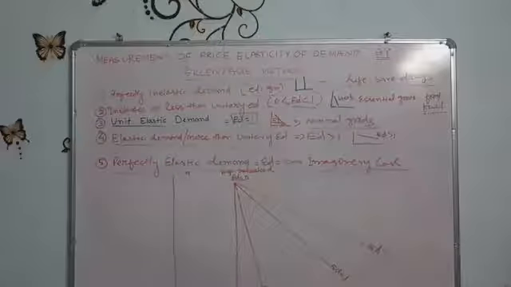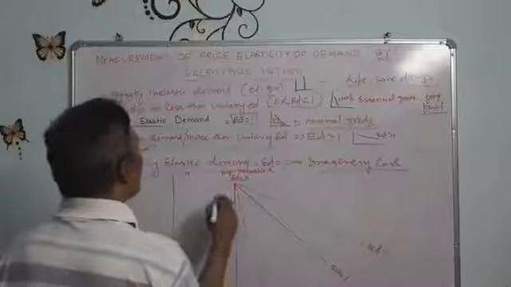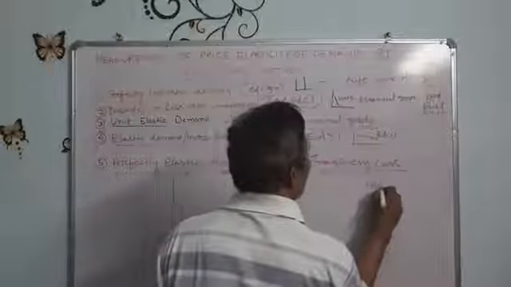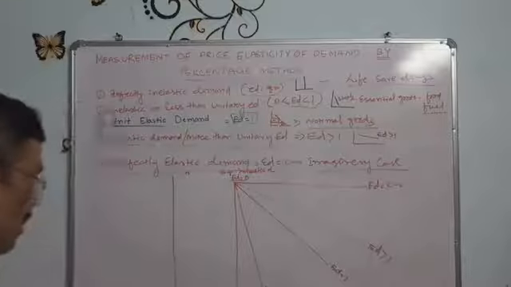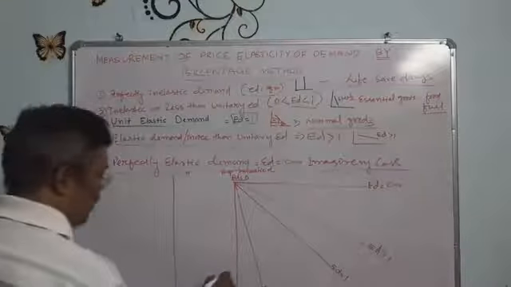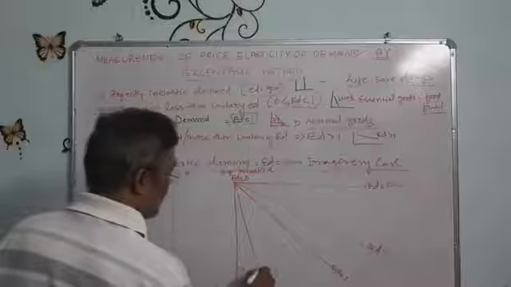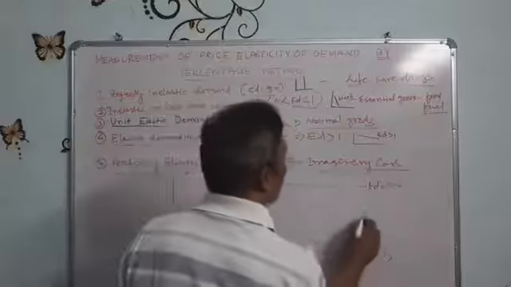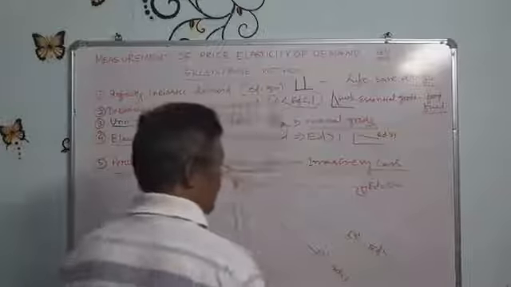And fifth one, perfectly elastic demand, elasticity of demand equal to infinite. This is the first case, this is the second case, this is the third case, this is the fourth, and this is the fifth.